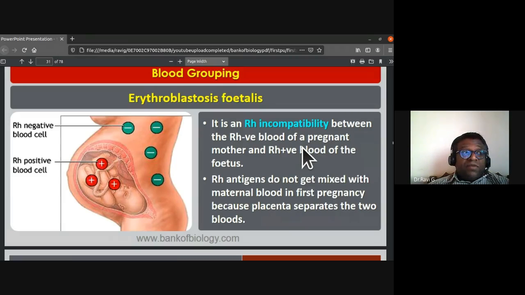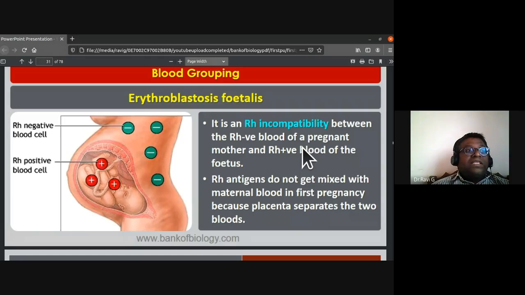So it would be better for an Rh negative woman if she marries an Rh negative man. Okay, so there wouldn't be complications during childbirth. This is only in case of the woman being Rh negative. If a man is Rh negative and woman is Rh positive, there are no issues.